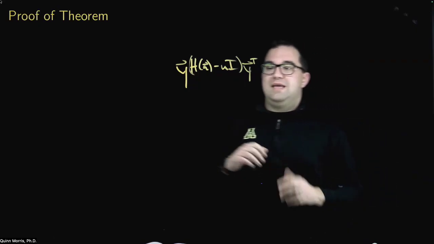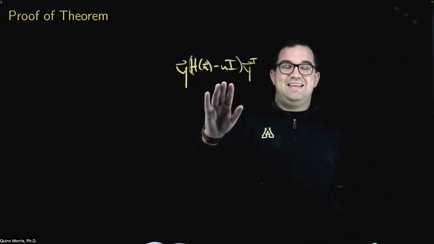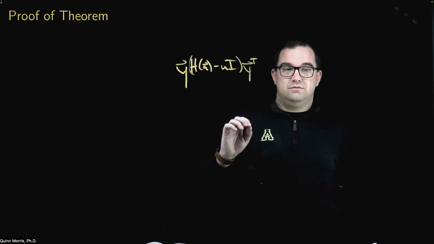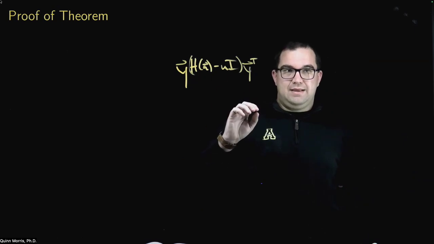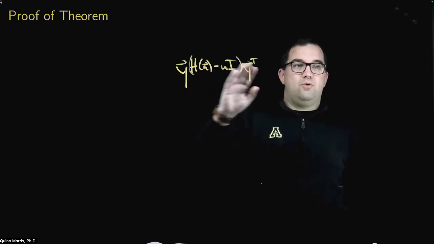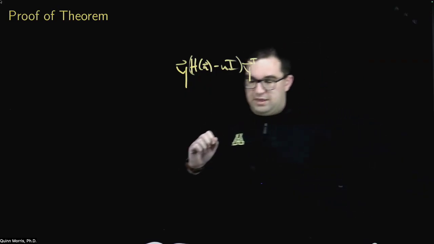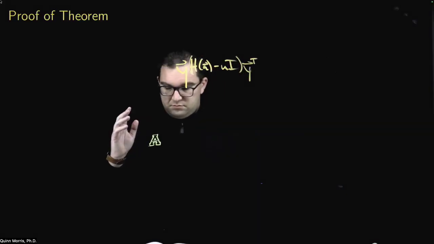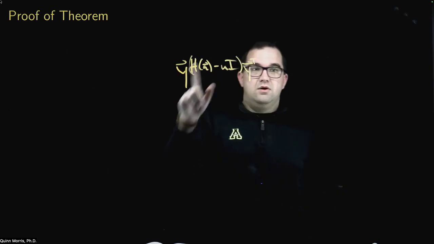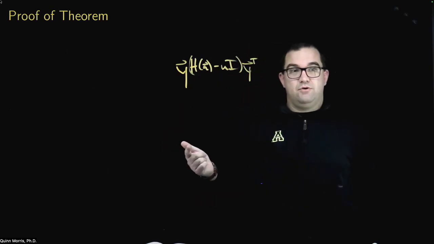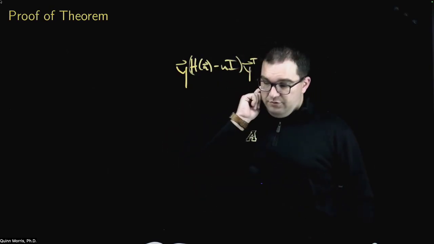If this didn't take on any negative values, then there's no way any of your eigenvalues could be negative. If it didn't take on positive values, there's no way any of your eigenvalues could be positive. So that allows us to conclude that this must take on some positive values and some negative values.